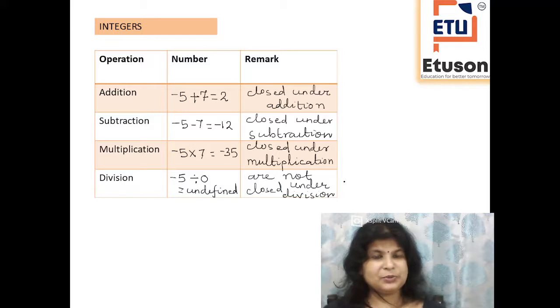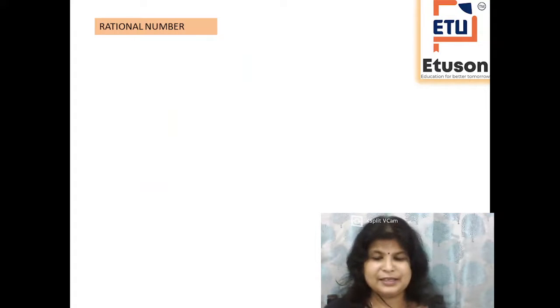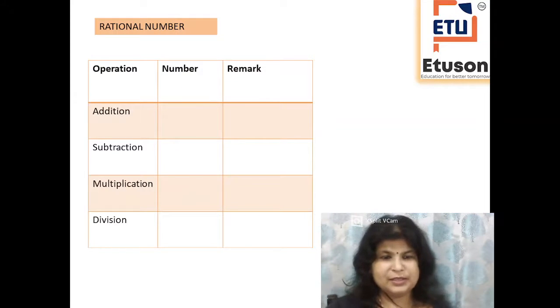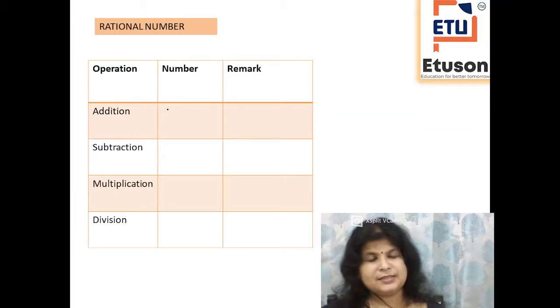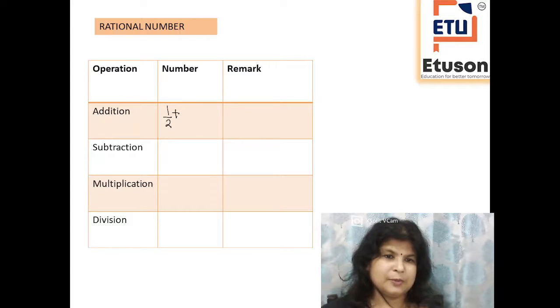Correct? Now let us do the operations for rational numbers. Okay. So first one, that is addition. Let us take some rational numbers in p by q form. So suppose you have 1 by 2 plus 2 by 3. I'll take the LCM as 6.